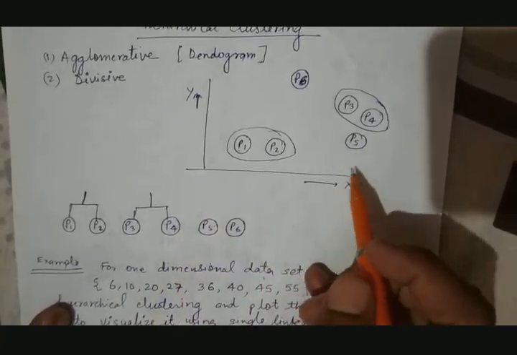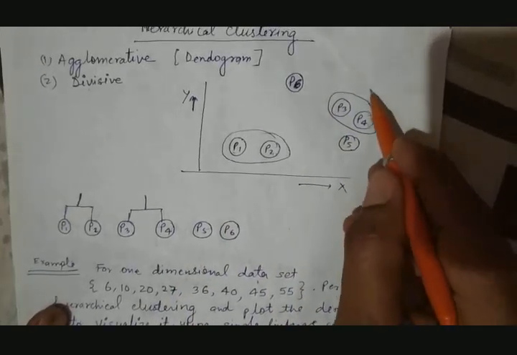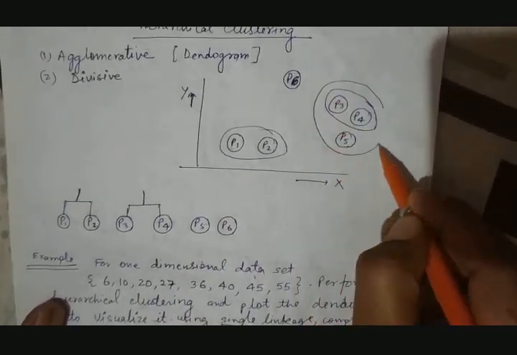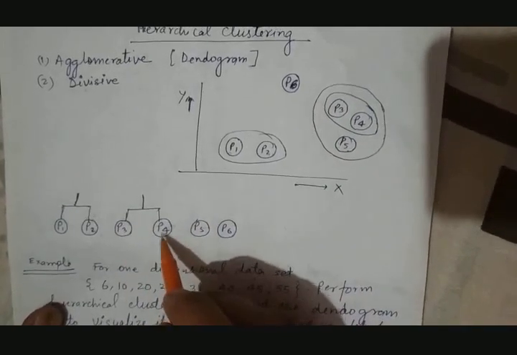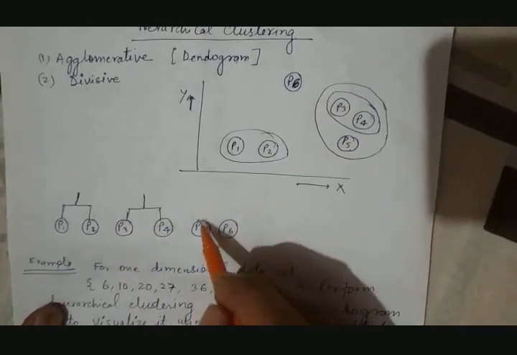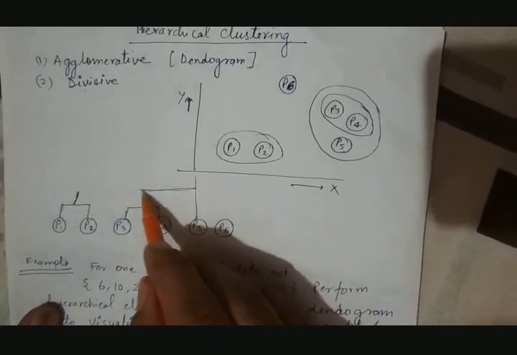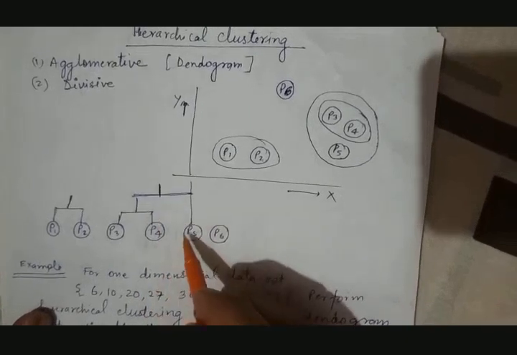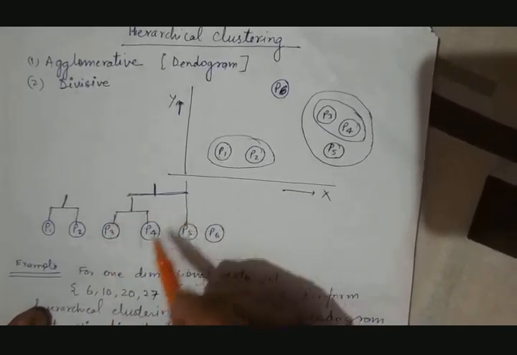Now just see here, P5 is also very near to this cluster. So again we can form another cluster which will have these data points. This P3 and P4 is one cluster, and P5 is a single cluster. So now again we will combine these two clusters, and we will get a final cluster which will have P3, P4 and P5, all three elements over here.